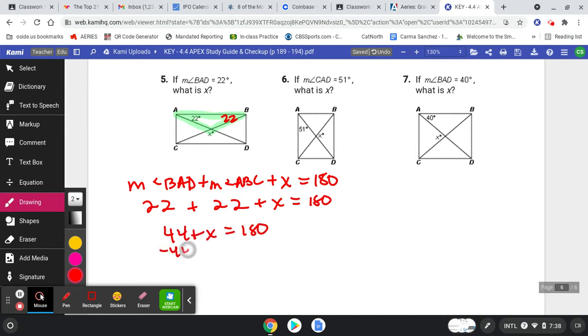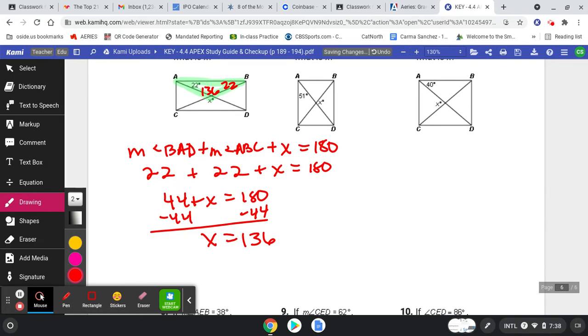And then go ahead and subtract that from 180. So if I know this middle is 136, I can say that my X is equal to 136 because vertical angles are equal. How'd you do?